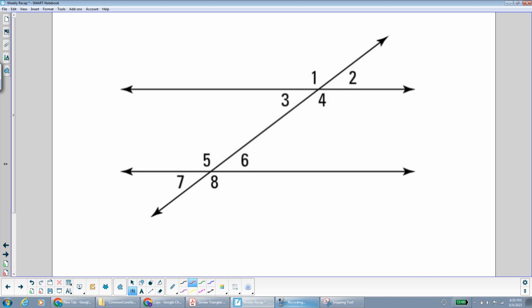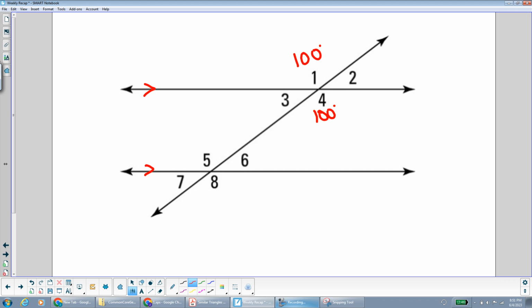When we have parallel lines cut by a transversal, if you know just one of the angle measurements, you can figure out the rest of the angle measurements using our angle relationships. For example, if angle 1 is, let's say, 100 degrees, then angle 4 also has to be 100 degrees due to vertical angles.